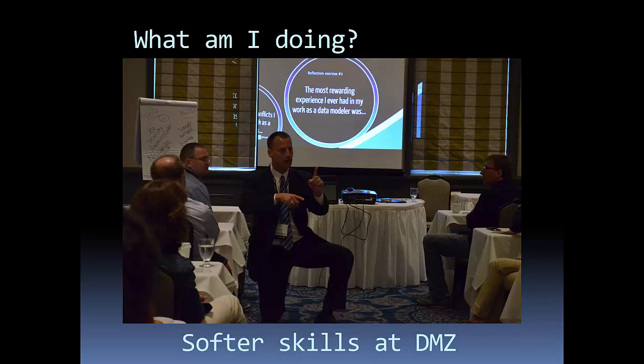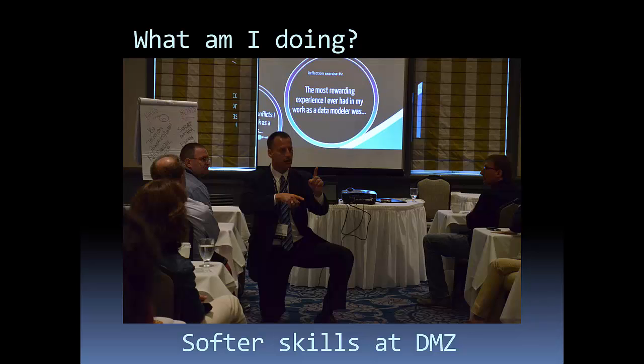And one of the things that I've been doing to improve my softer skills and also those of fellow data modelers is I chair the annual Data Modeling Zone Conference. At this conference, we bring in a lot of different sessions every year that sharpen our data modeling skills. A lot of these sessions have to do with more technical skills, but we're also starting to introduce some softer skills.